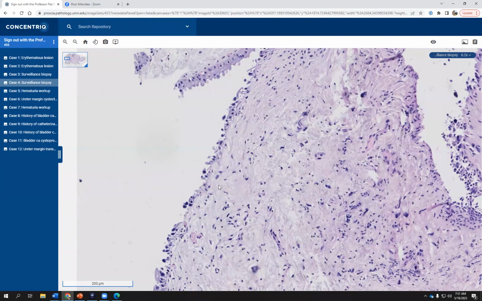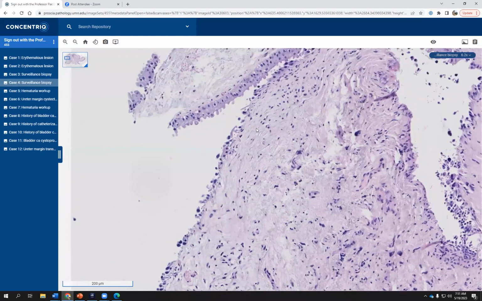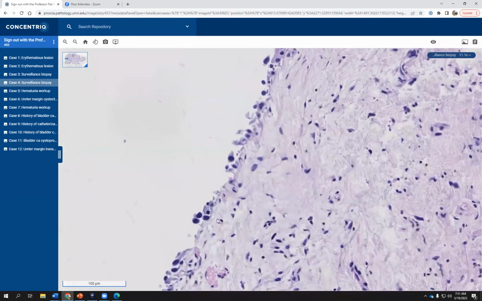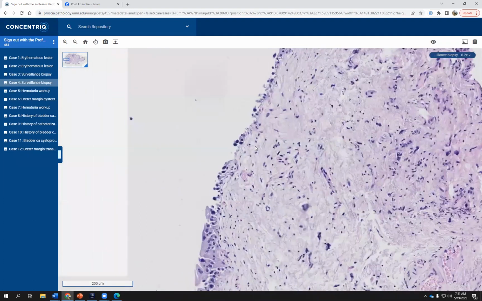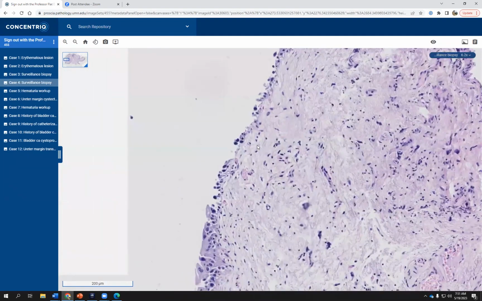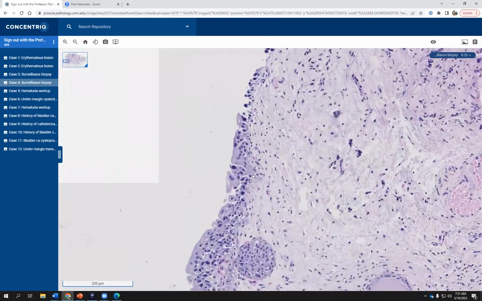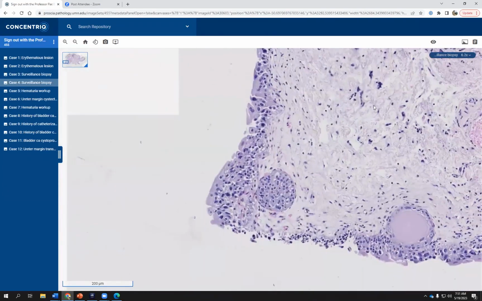It's important to understand this because it's often difficult to identify, as you may not see the type of cells that you see in a typical case of carcinoma in situ. There may be just a few dark hyperchromatic nuclei with high NC ratio sticking onto the surface, okay? But it's important to make this diagnosis. So this is a denuding cystitis variant of carcinoma in situ. All right, that is case number 4.